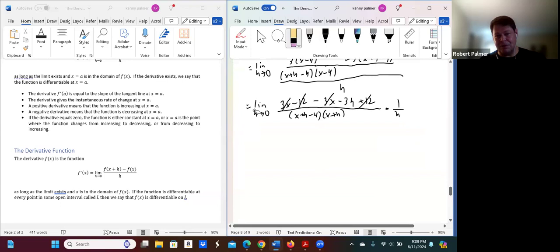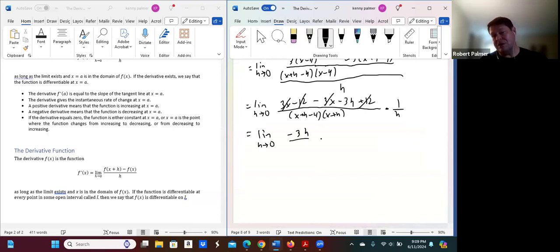What we have left is still the limit as h goes to 0. We have negative 3h, and remember we have this h right here, so I'll put it out front, then times x plus h minus 4 times x minus 4. Sorry, I wrote that wrong.